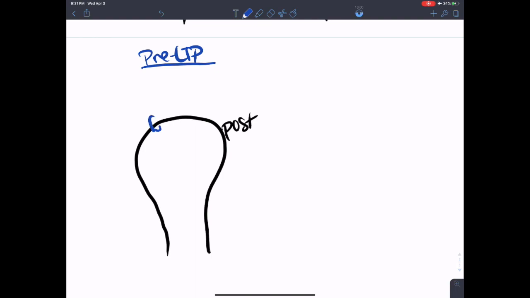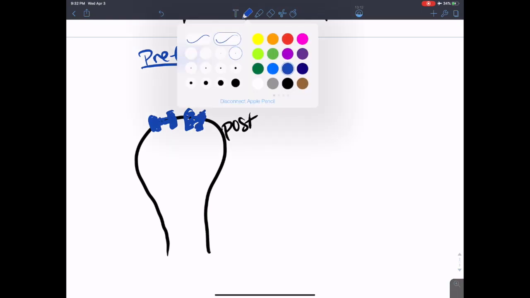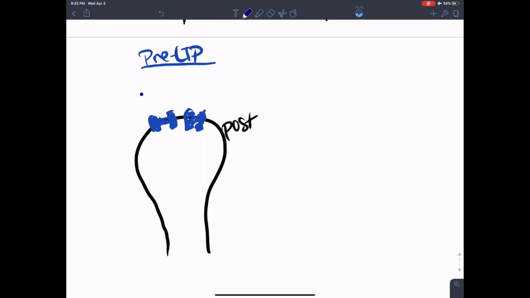Let's say you have two ligand-gated ionotropic channels, so two AMPA receptors, and you get, let's say, 8 molecules of glutamate released. This is just an example; obviously, you'd usually have a lot more. But you could only open these two AMPA receptors and allow in a certain amount of current.